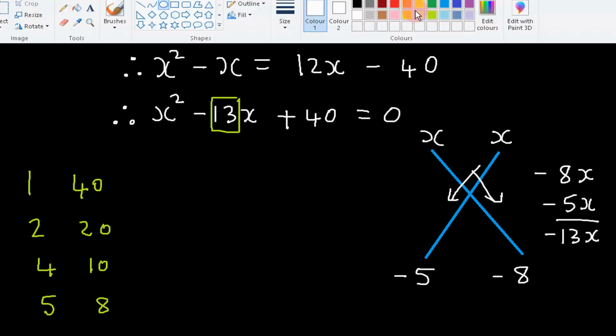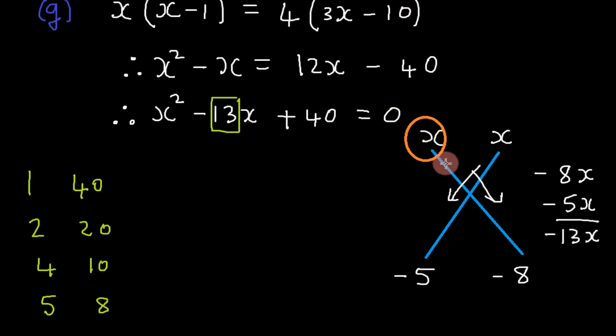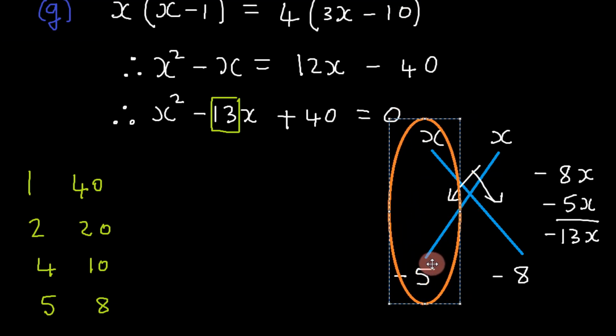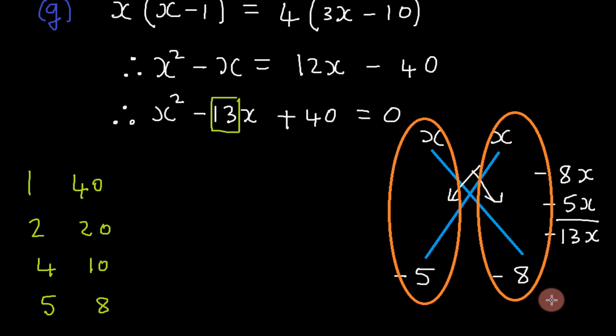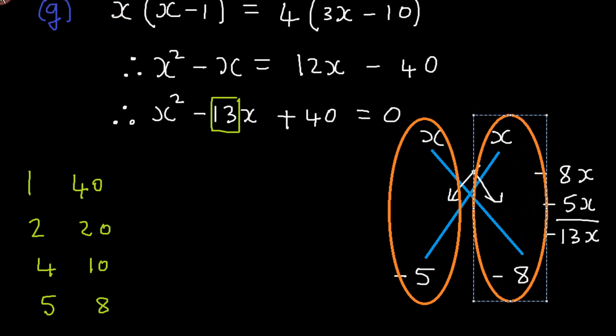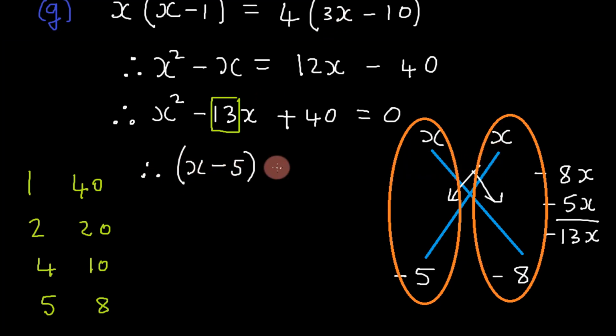Then grouping vertically, so x minus 5 in one set of brackets, and x minus 8 in the second set of brackets. Let's check mentally that we get back the original equation.